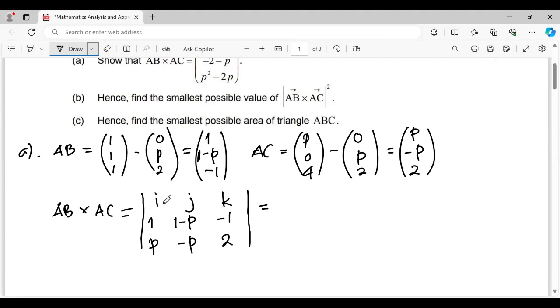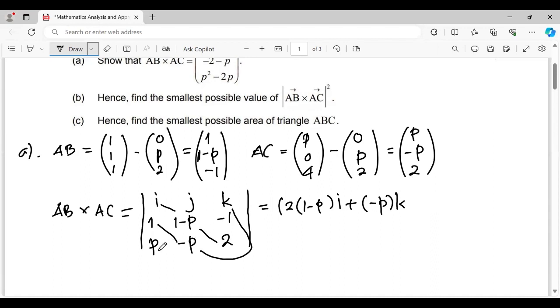This i times (1 minus p) times 2, so it's going to be 2 times (1 minus p) i, plus this 1 times minus p times k, so it will be minus pk.